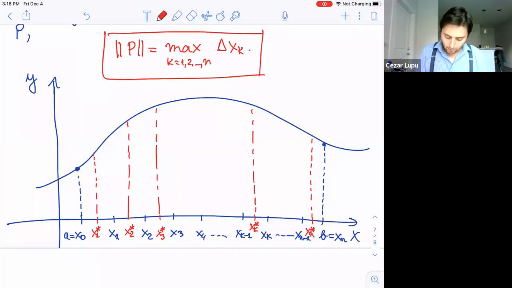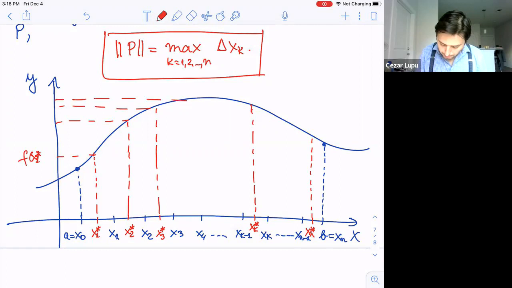And then, of course, this is f of x1 star. Then somewhere here I'll have f of xn star.